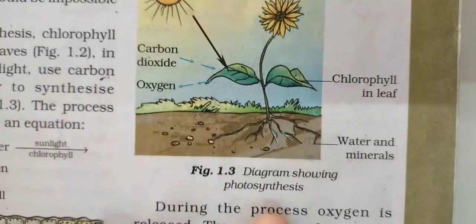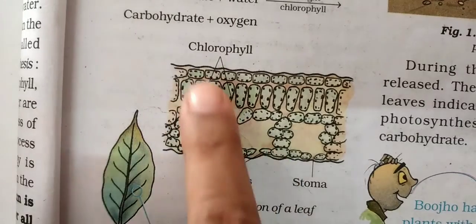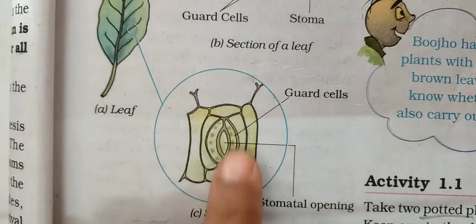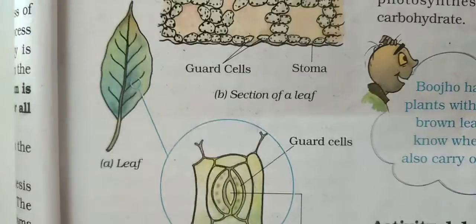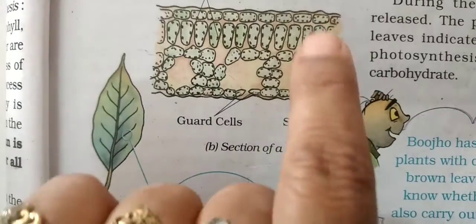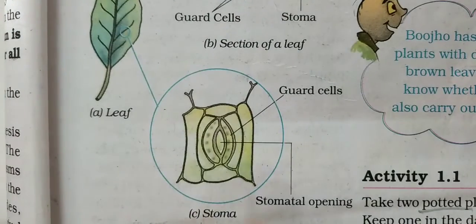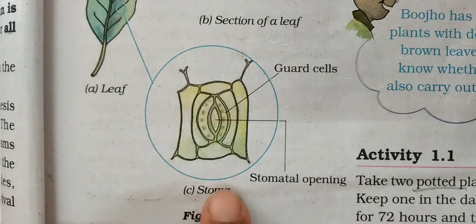Figure 1.3, the diagram showing photosynthesis, you have to draw in your classwork notebook. Similarly, I am giving you 2 more figures: the section of a leaf, which describes chlorophyll, guard cells and stomata, and a close look of the stomata. In figure 1.2, you will exclude the leaf, but you will go for B and C. You will draw this figure and this one, that is the section of a leaf and a close look of the stomata.